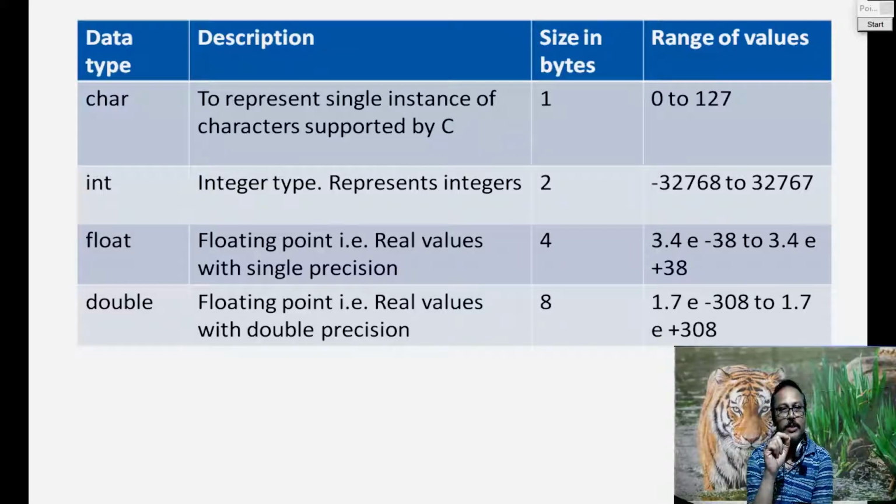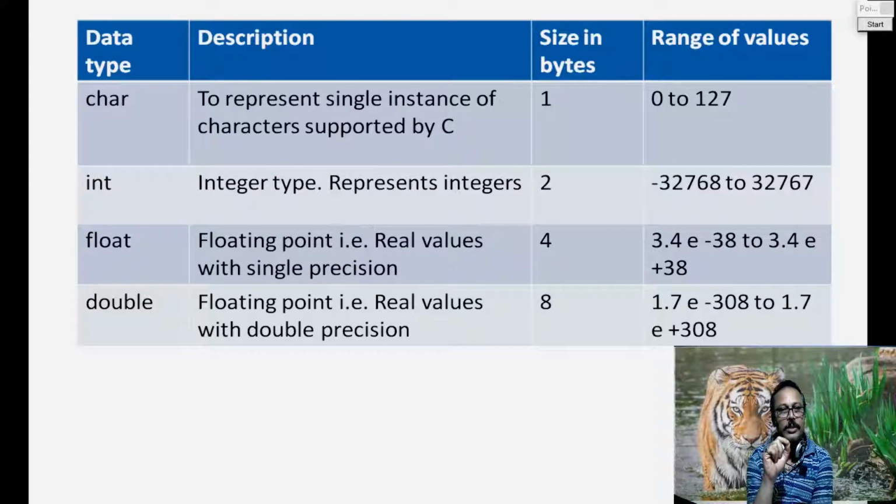Integer occupies 2 bytes, and int represents the integer data type. The range of values it represents is -32768 to 32767. Similarly with float and double, which are for representing real numbers.